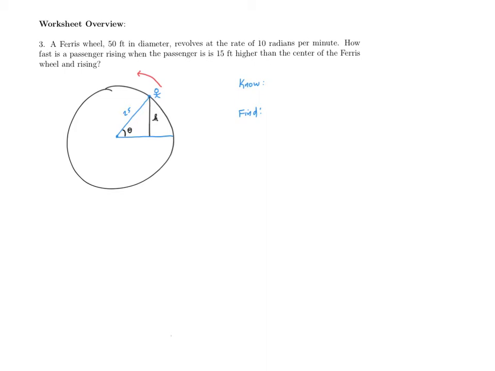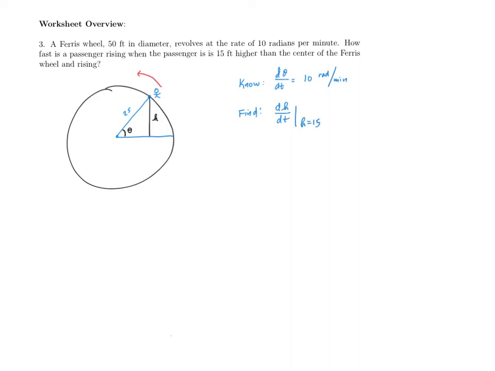We'll call that h. So from the information that we are given, we know d theta dt is equal to 10 radians per minute, and what we would like to find is dh dt when h is equal to 15.